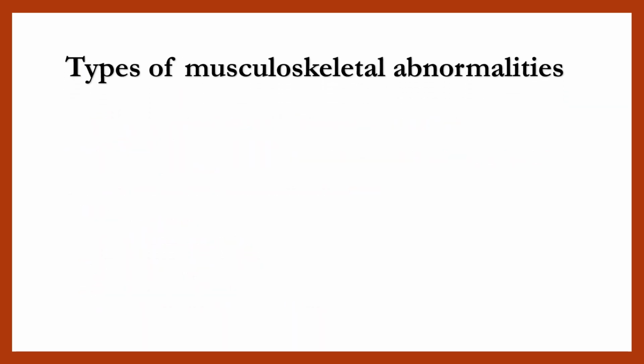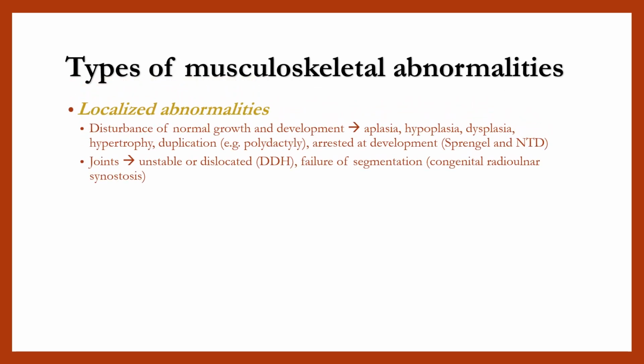For the types of musculoskeletal abnormalities, it involves localized abnormalities, which are disturbances of normal growth and development, such as aplasia, hypoplasia, dysplasia, hypertrophy, duplication, arrested development, or abnormalities in the joints, such as unstable or dislocated joints, or failure of segmentation.